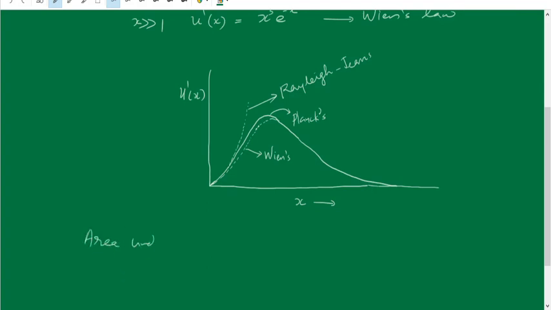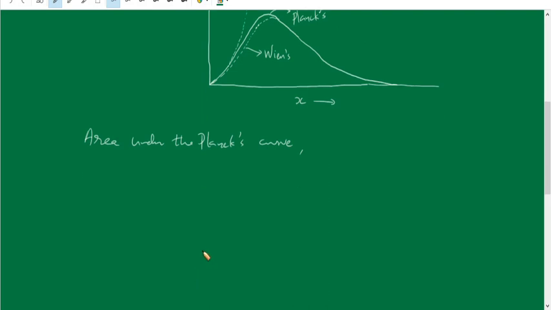Okay. So anyhow, the area under the curve, the area under the Planck's curve, we can get this. So it is equal to the integral of u dash of x dx, which is the integral of x cube dx by e raised to x minus 1, from 0 to infinity.